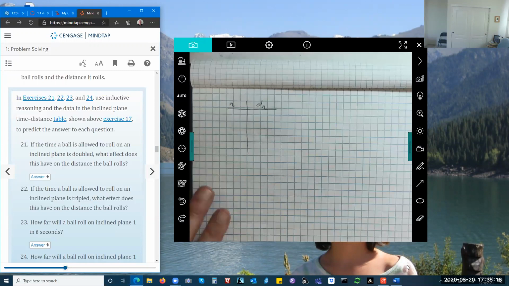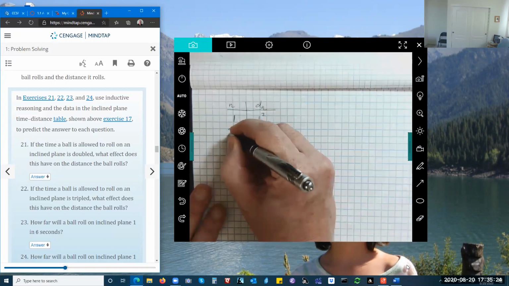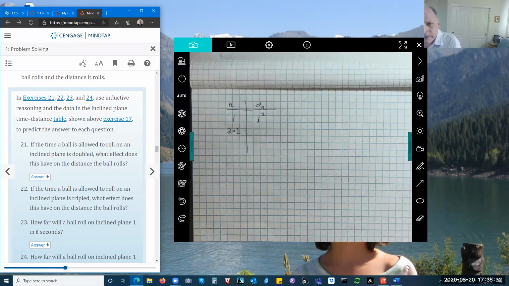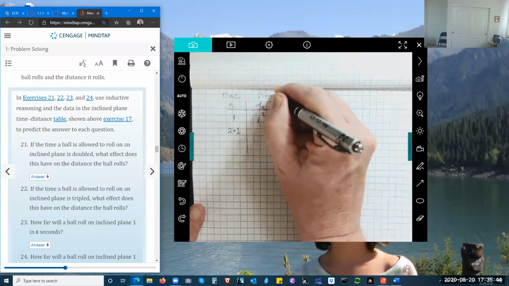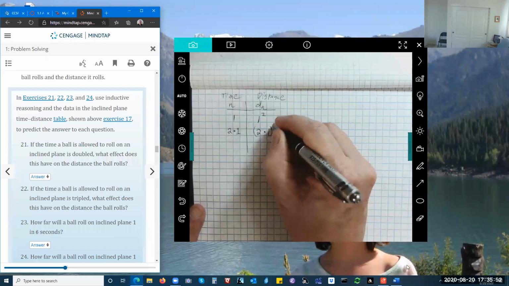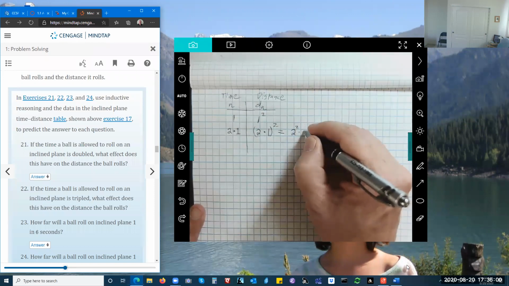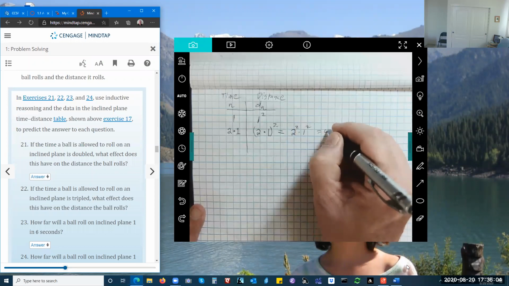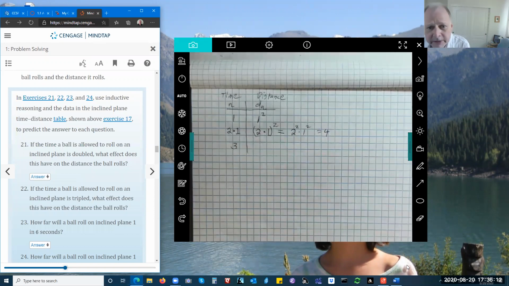Okay. So if I compare, if the distance is 1, the time is 1 versus 2 times 1, double the time. What if the time was 3 versus doubling that?